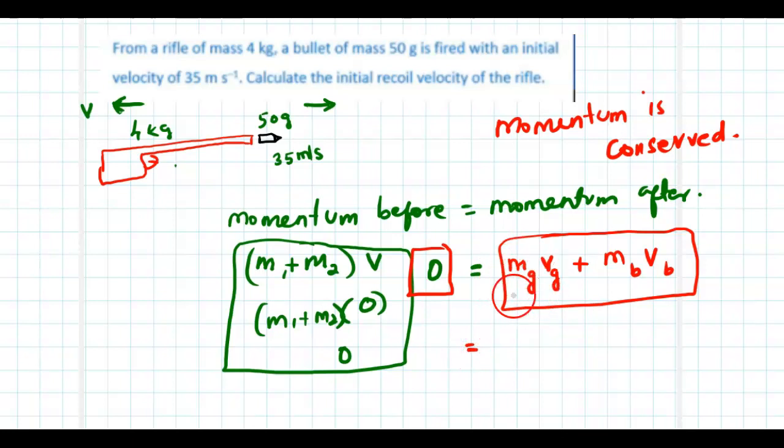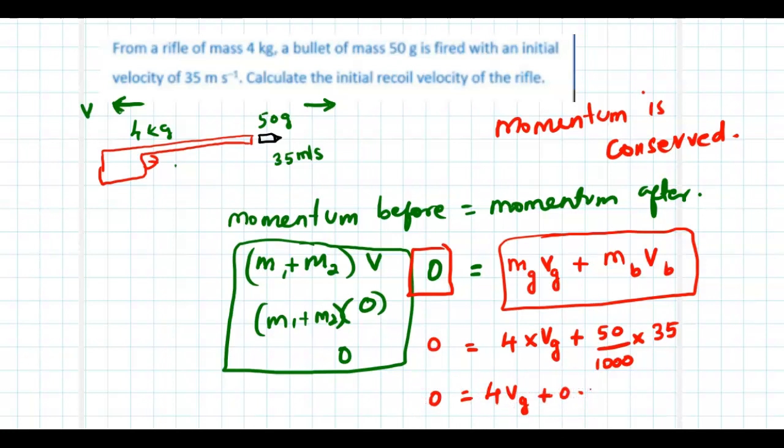The mass of the gun is given as 4 kilogram multiplied by the velocity of the gun, which I have to find out, plus the mass of the bullet, 50 gram. Gram must be converted to kilogram, and the velocity of the bullet is 35, equal to 0 here. So 0 is equal to 4 Vg plus 0.05 multiplied by 35, that is 4 Vg plus 1.75.